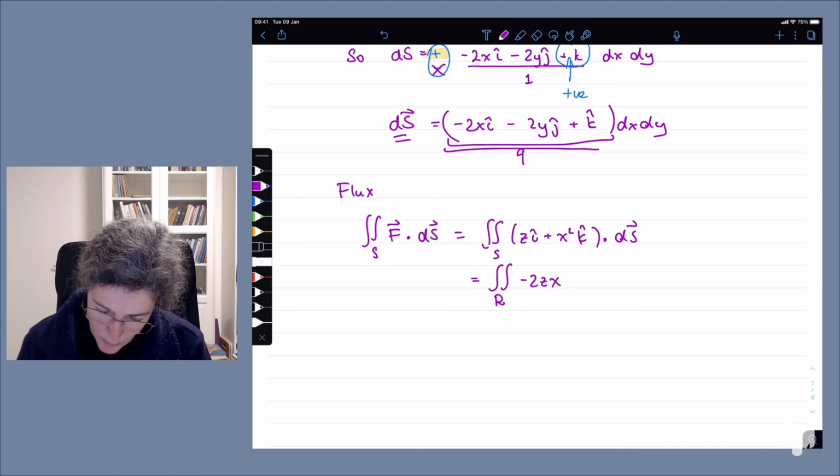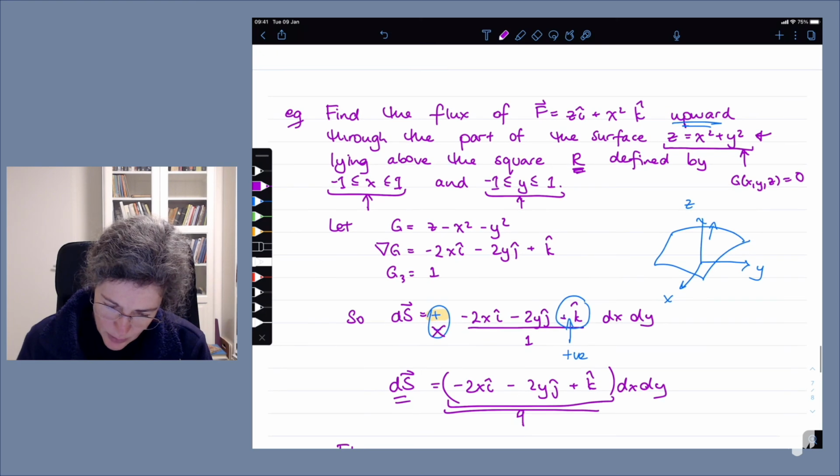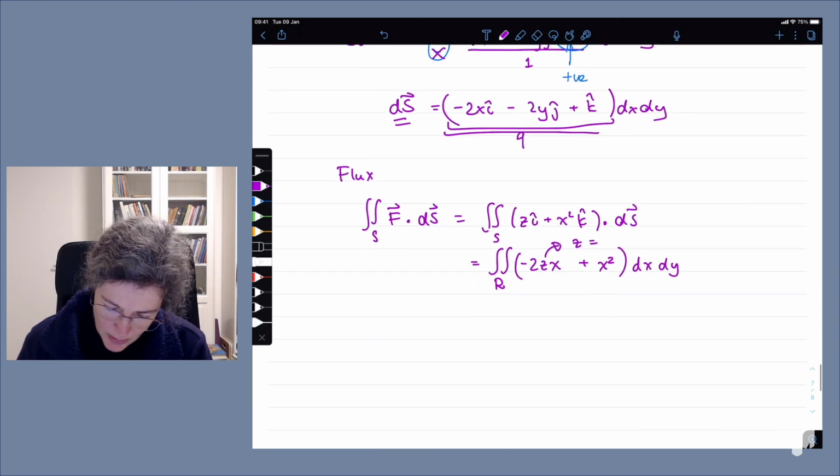There's no y component, plus x squared dx dy, and then we remember that our z is equal to x squared plus y squared. So we've got this.